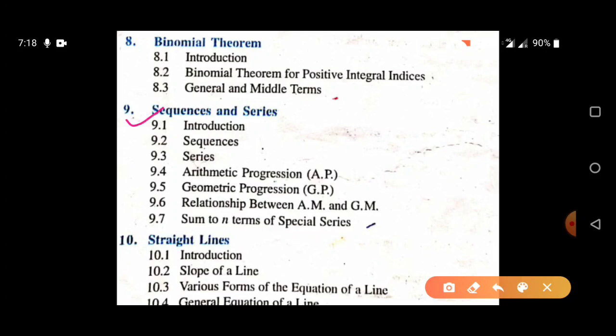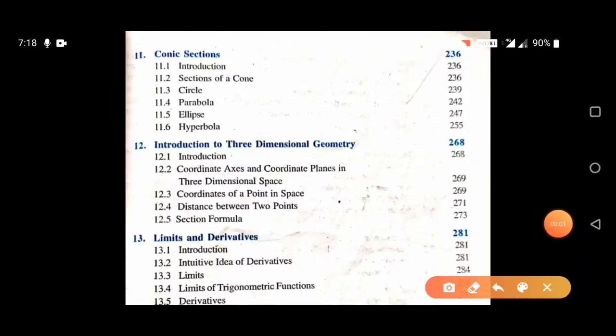Some of the parts of sequence and series you got in class 10, that means arithmetic progression you got in class 10. Now you will study geometric progression in class 11. Then straight lines, conic section, introduction to three-dimensional geometry.